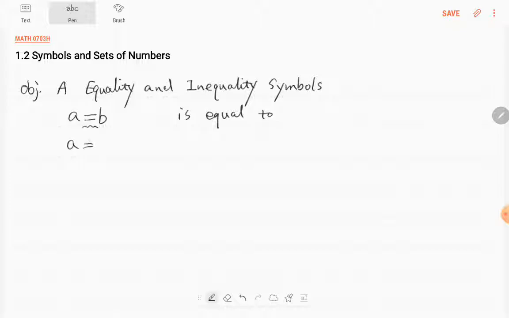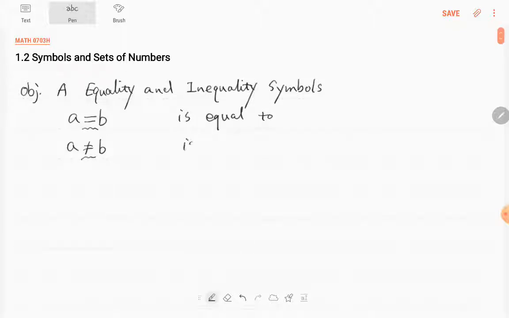And similarly, we have this symbol, which means is not equal to. A is not equal to B. Not equal to. And we also have this symbol.